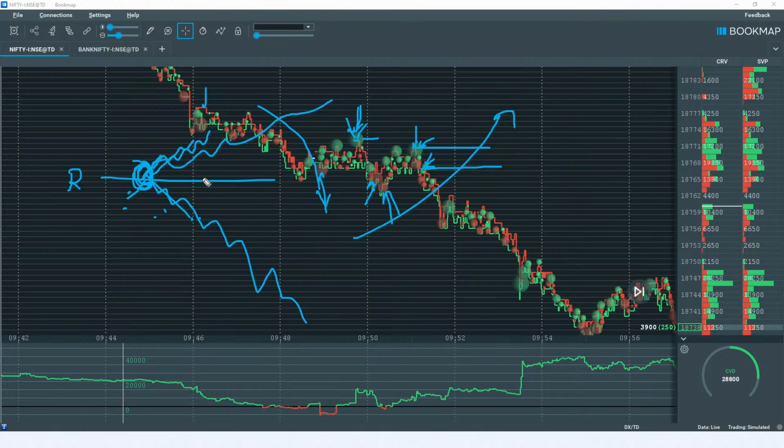By any chance, in the same situation, there is a bigger green bubble, and after that the market is reversing in the opposite direction. That means someone bought aggressively at this particular level, but price is moving in the opposite direction. That means the market buyers who entered at this price level are getting trapped.